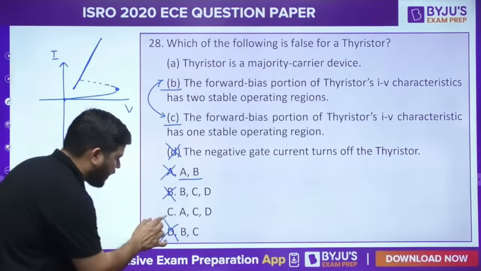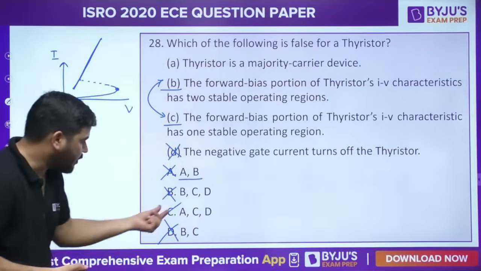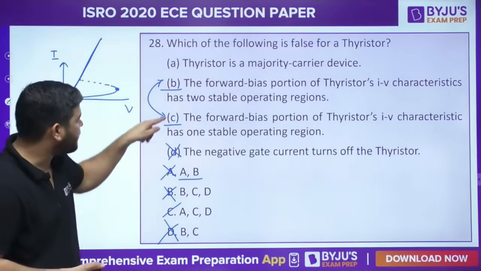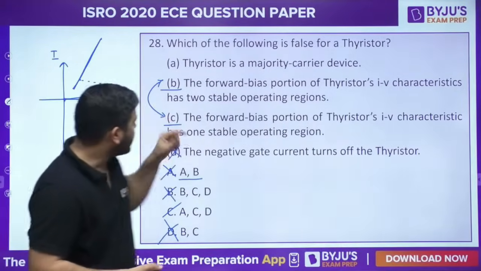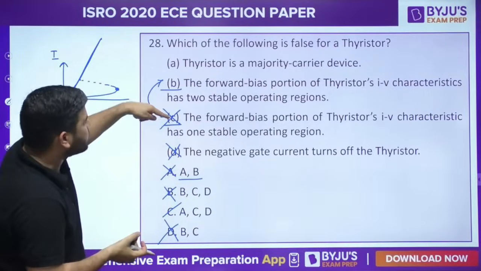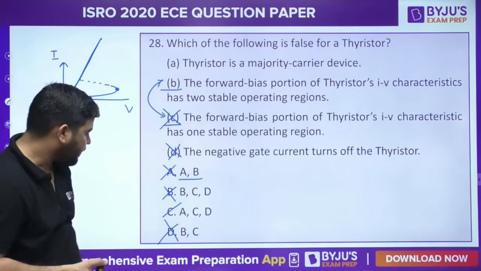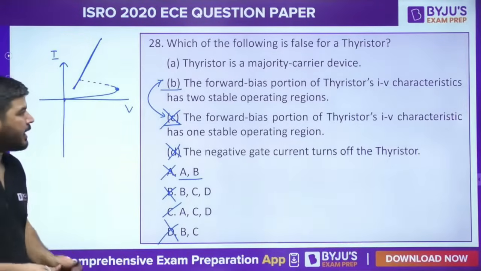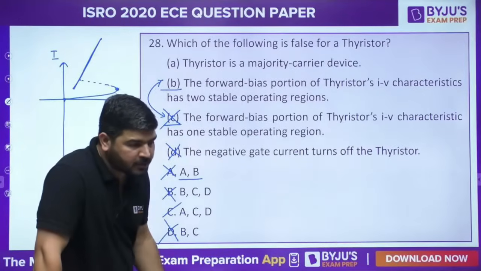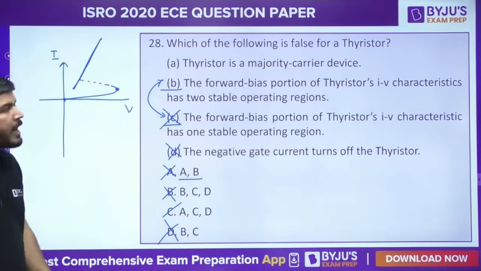This is the right answer because it doesn't contain B, since B is the true statement. So the false statement is C. So D is false, C is false, and A is also false. That's why answer C is correct. You have to remember it. There is no other choice because for EC students, ultimately you have to memorize it.